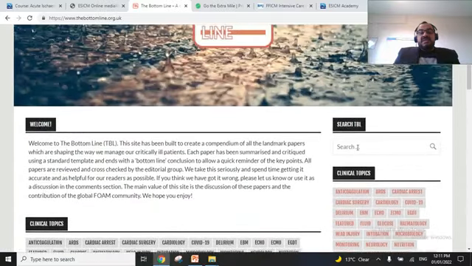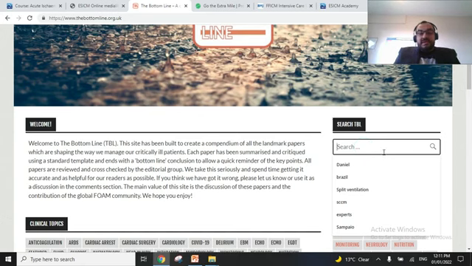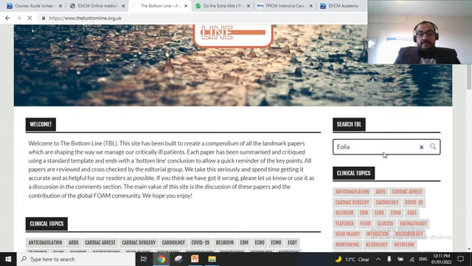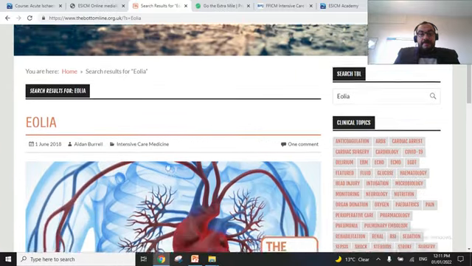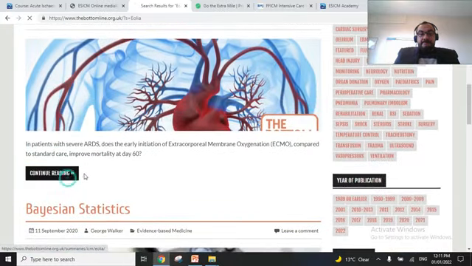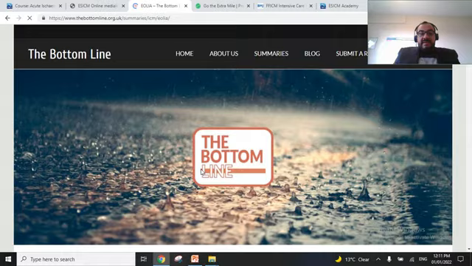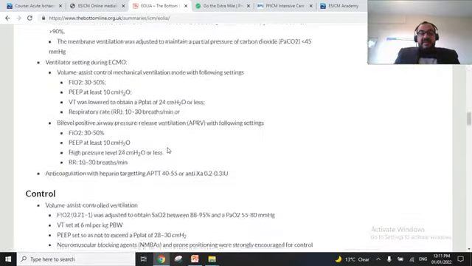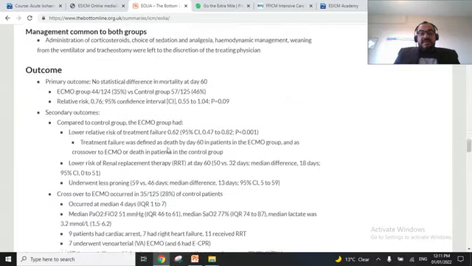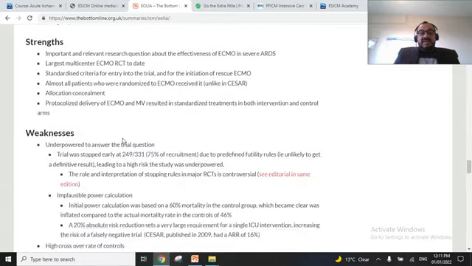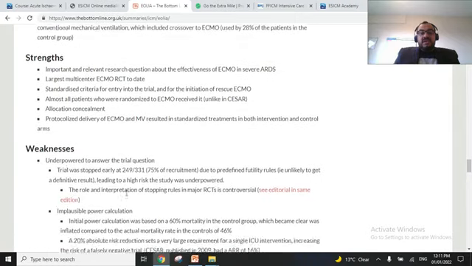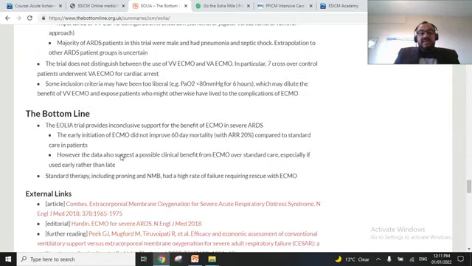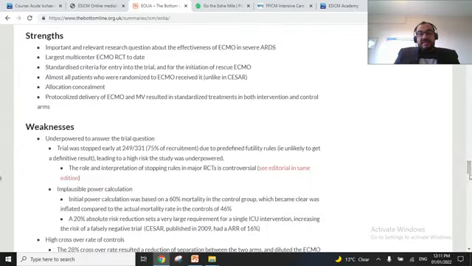So, for example, if we go through any of the recently published studies, such as EOLIA, you will find a very nice summary of the study, including the conclusion and also some critical analysis of this study.